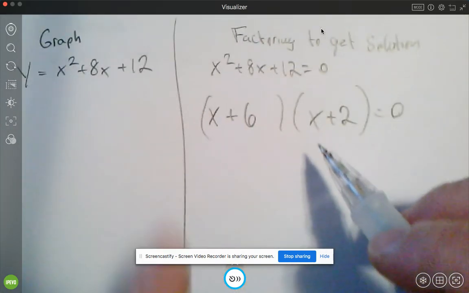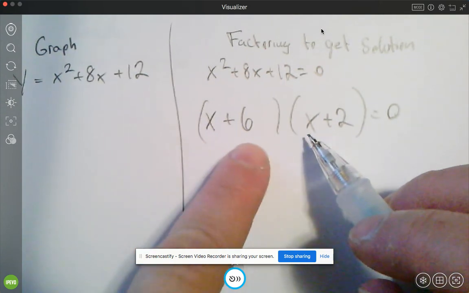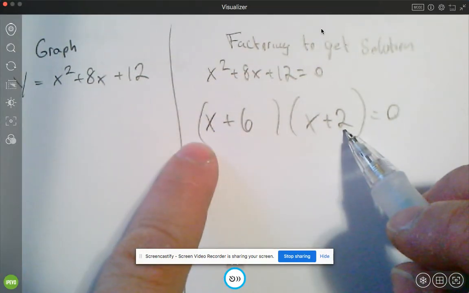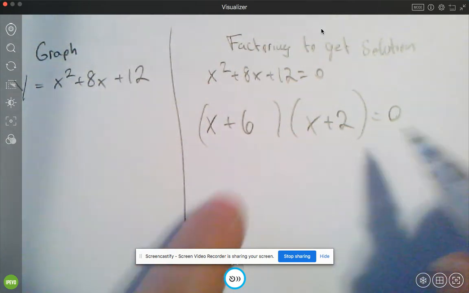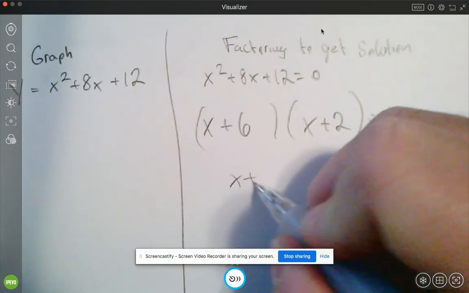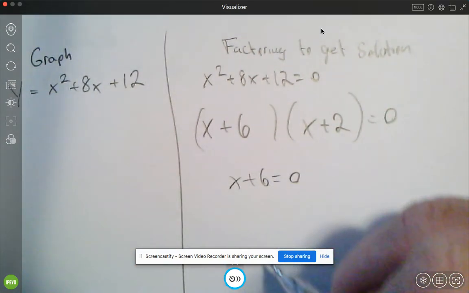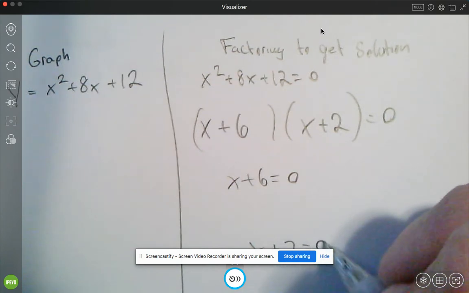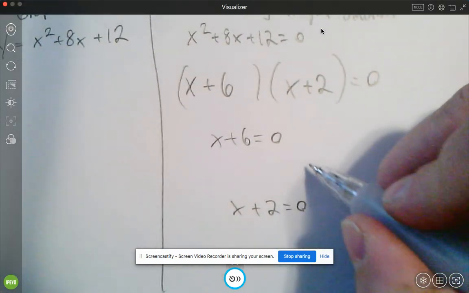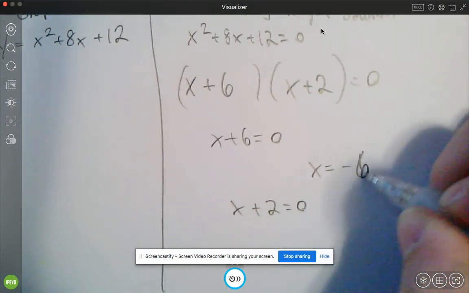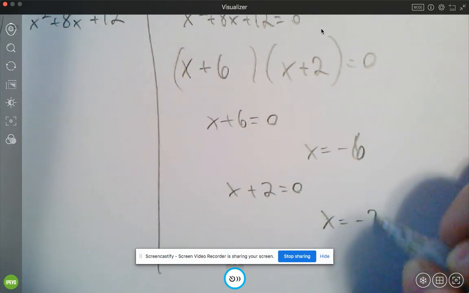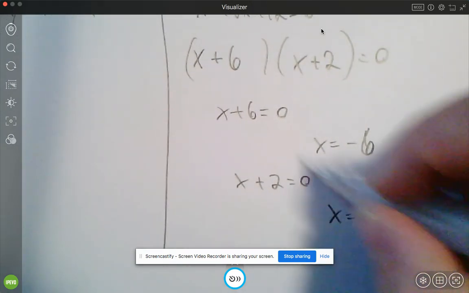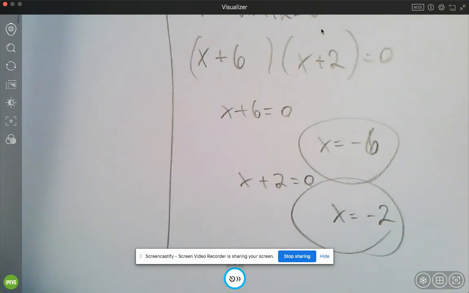X squared, inners is 8x, outers is 2x. That gives, yep, it all works. So then you'd write x plus 6 equals 0, x plus 2 equals 0. So your solutions would be x equals -6 and x equals -2. That's if we were doing it by factoring.